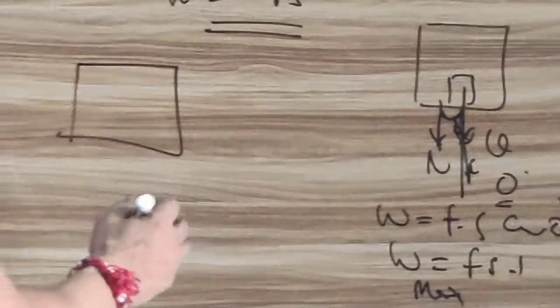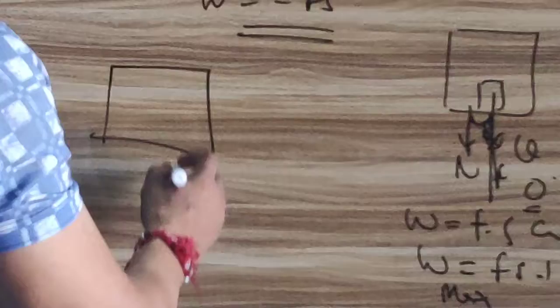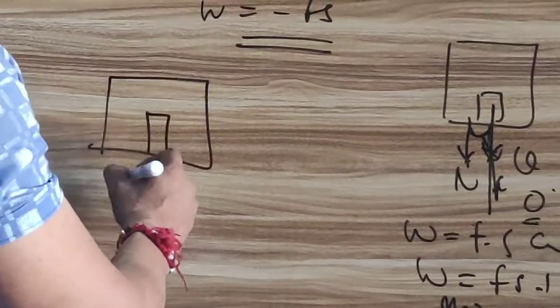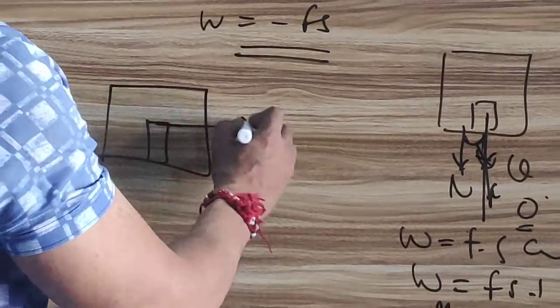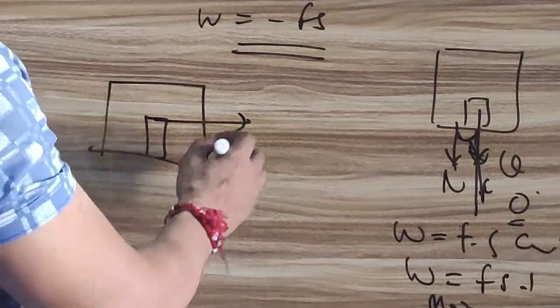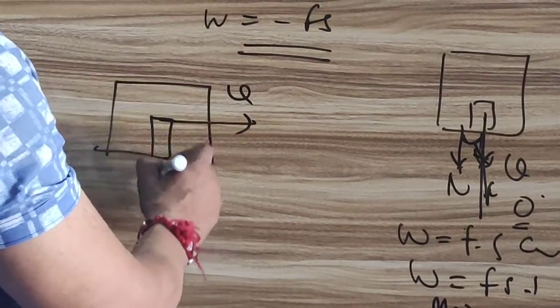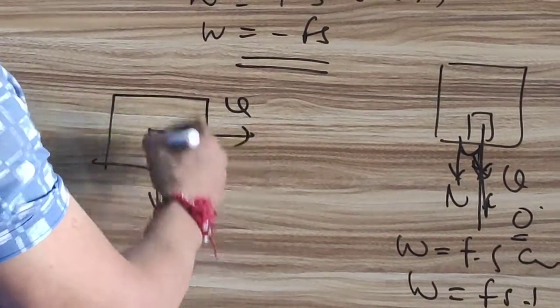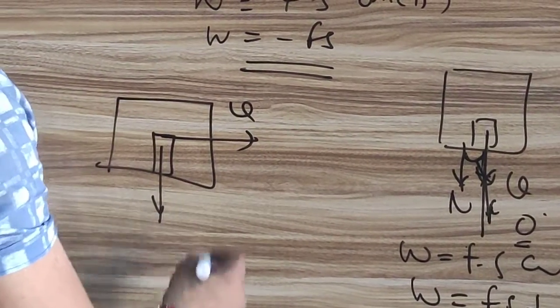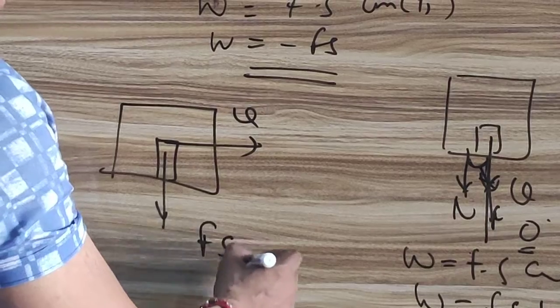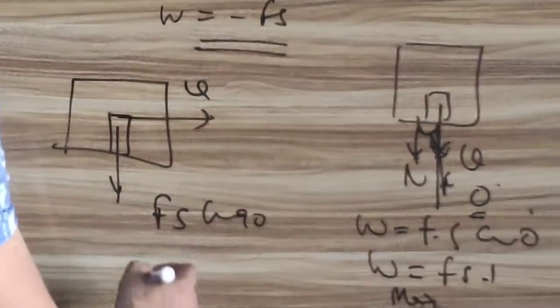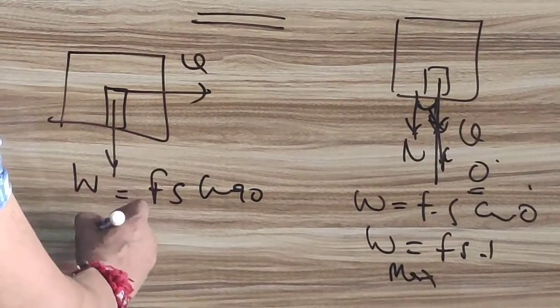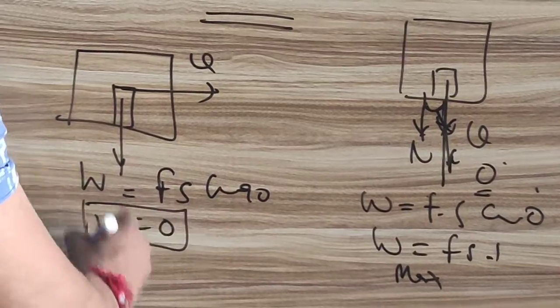If the lift moves in this direction, and this is the displacement direction, and there is the normal reaction, then the angle between the normal and the velocity is 90 degree, so it is Fs cos 90, and in this case the work done is going to be 0.